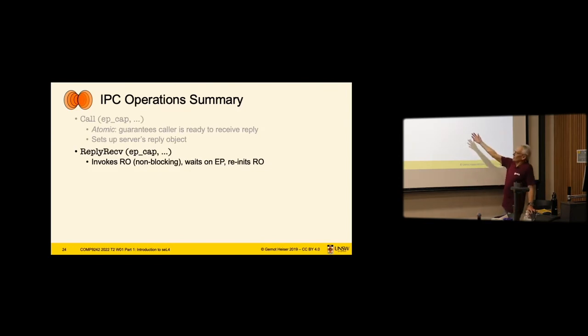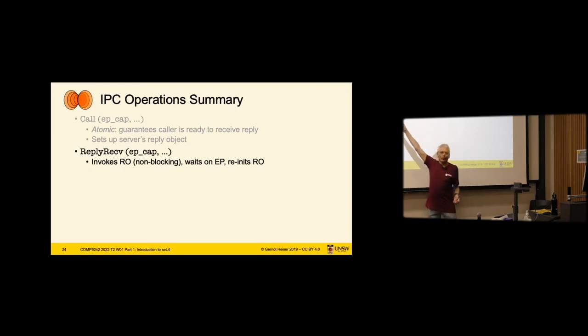And then the other operation is the reply receive, which I've also mentioned several times before. So this is the server-side operation, and both have in common that they combine a send and a receive phase. For the client, the call is send message, invoke the server, so send arguments to the server and wait for the result to come back.